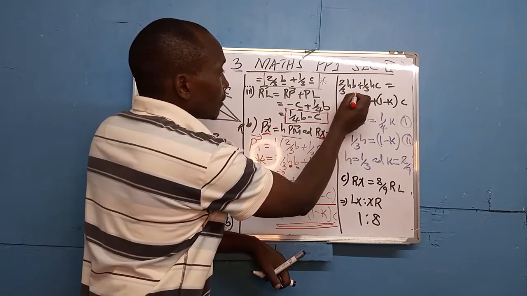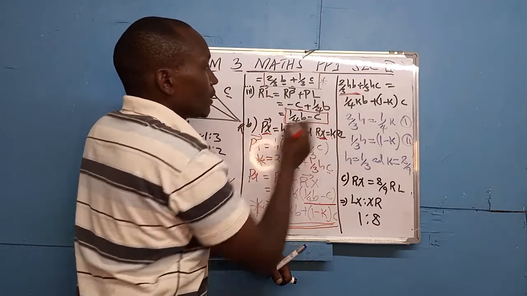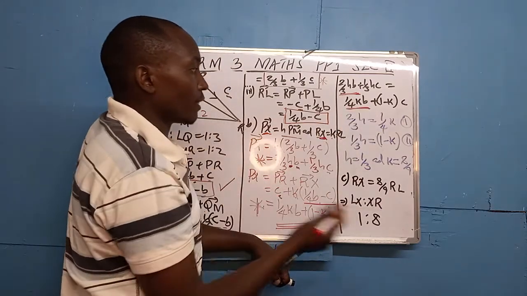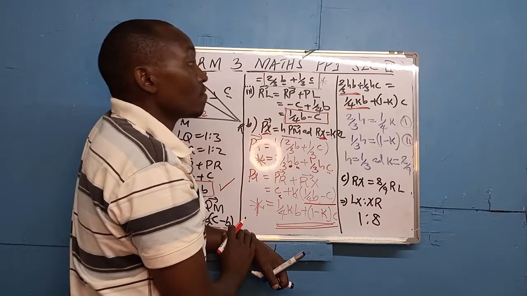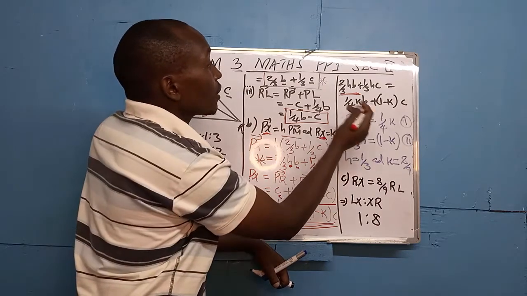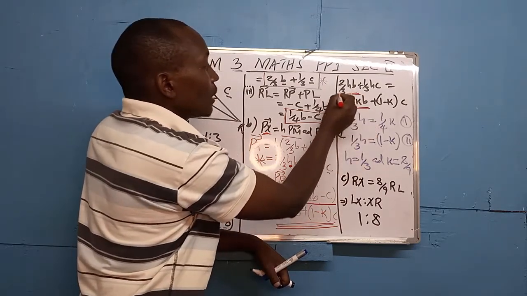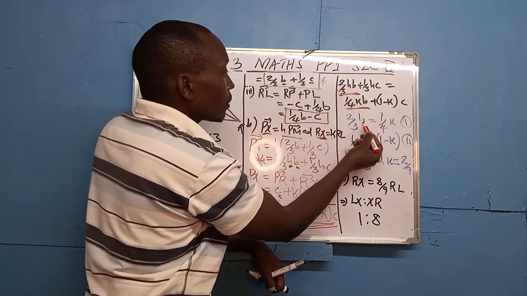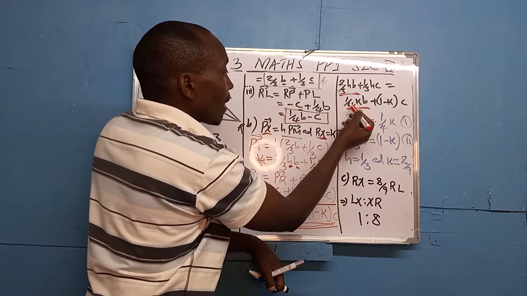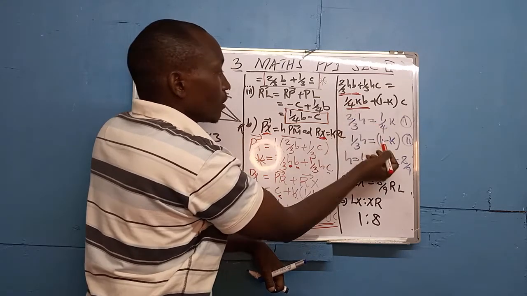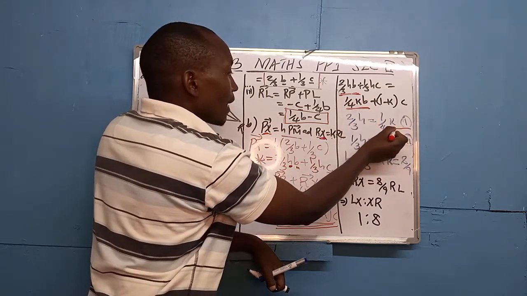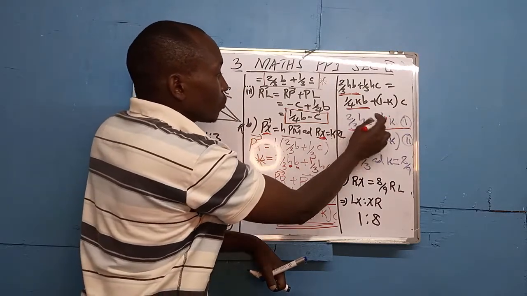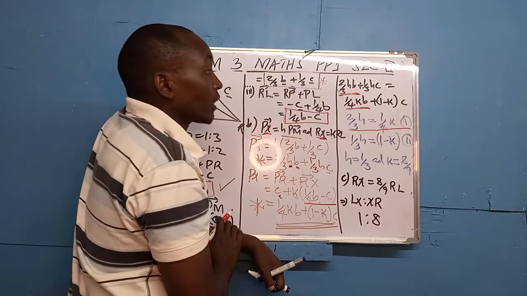This side has the vector B, and the other side of the equation also has a vector B. So we equate the coefficients of that vector. 2/3 H is equal to 1/4 K, and that is how I get my first equation: 2/3 H equals a quarter K.